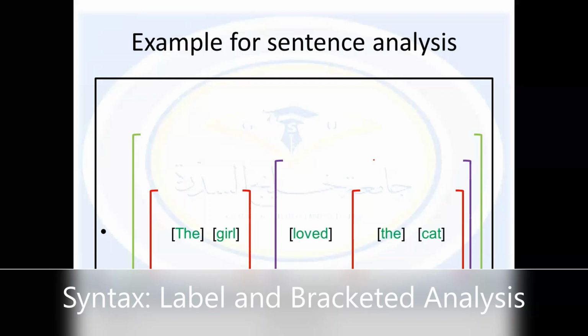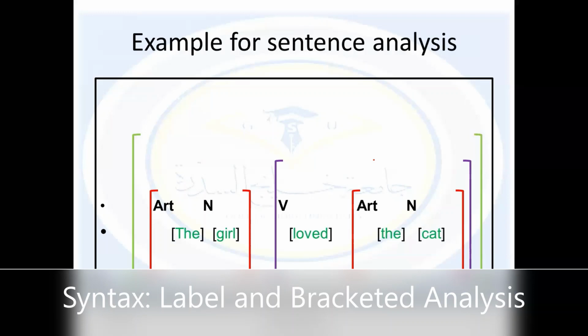So let's see. That is a determiner or an article. Girl is a noun, and loved is a verb. Art, that is an article, and also cat is a noun.